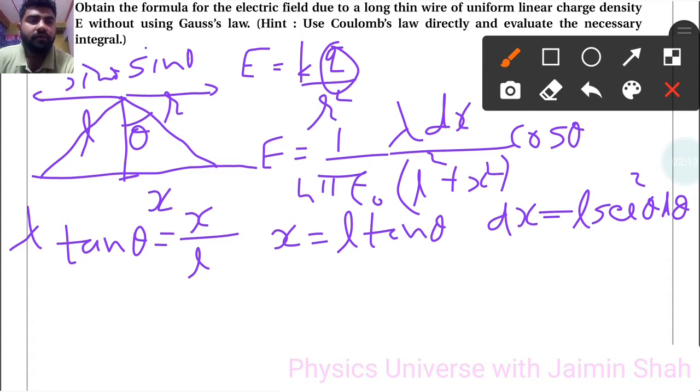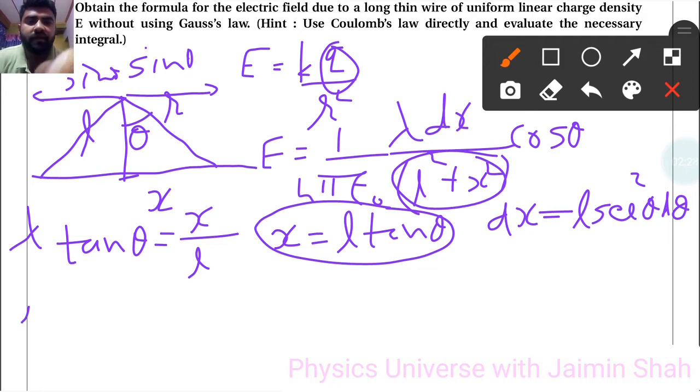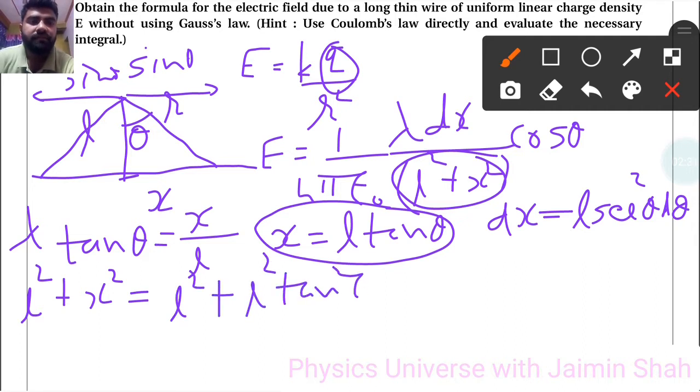Now by putting these values into this equation, L square plus x square will become L square plus L square tan square theta. L square common, 1 plus tan square theta is again sec square theta.